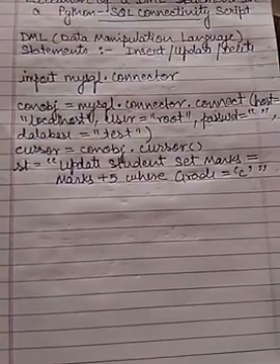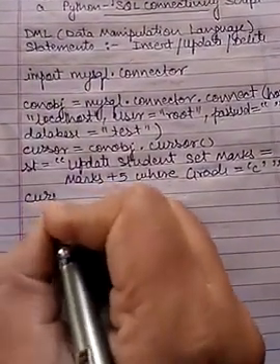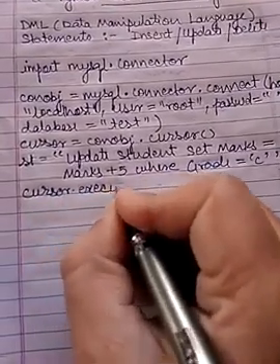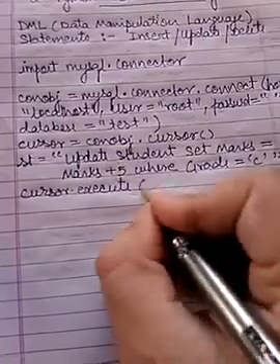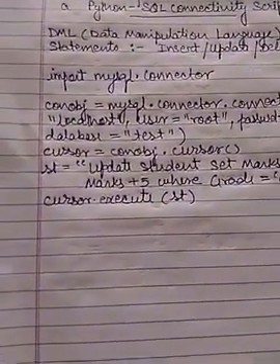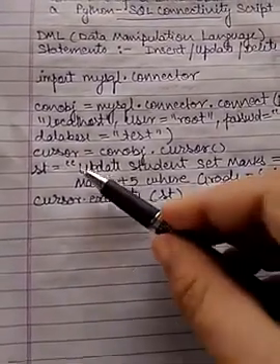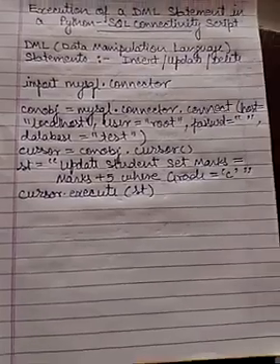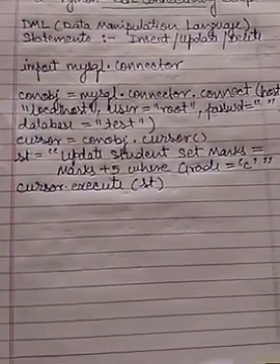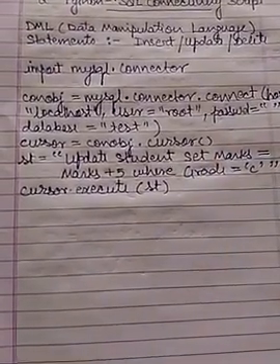Now we are going to execute the statement. Cursor dot execute statement. Now the final thing comes. Whenever an update statement is required to be executed in a Python script, then the execute statement must be followed by commit statement.